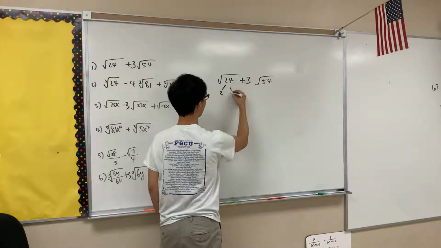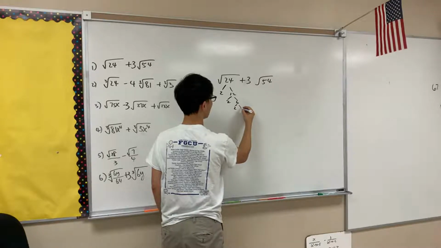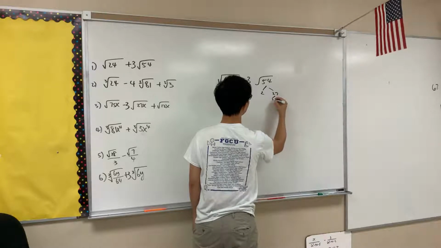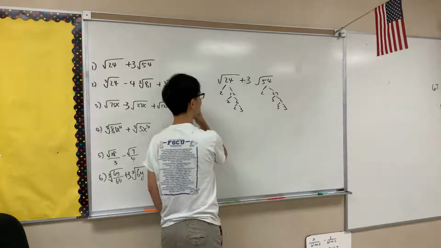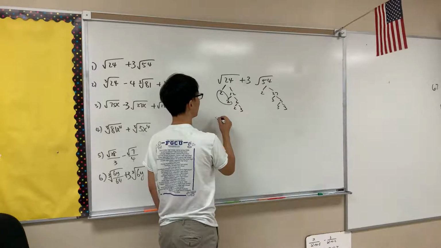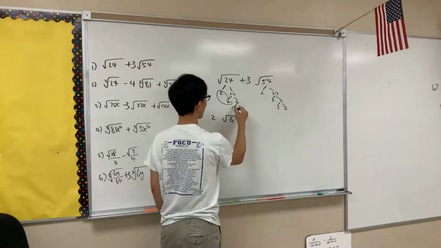That's going to be 2 and 12, and then 2 and 6, and 2 and 3, right? And this is the same thing, 2 and 27, 3 and 9, and then 3 and 3. So how many 2s can I take out? One group of 2, so that's going to be 2 square root of 6, because this one has no friends.